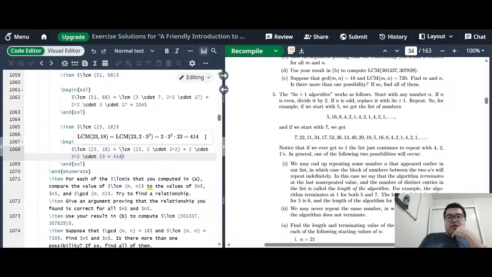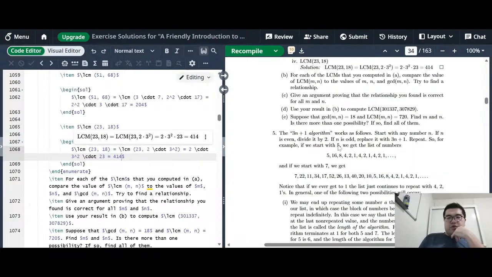Okay, then part B, we need to compare the value of this to the value of the LCM and GCD of this. Then try to find a value or a relationship. Well, this is in fact something that I've done in one of my old videos.